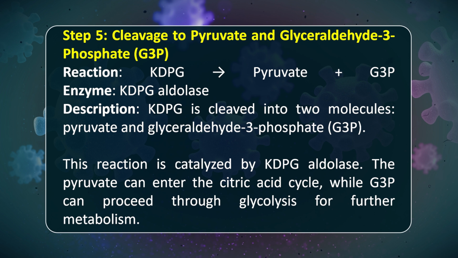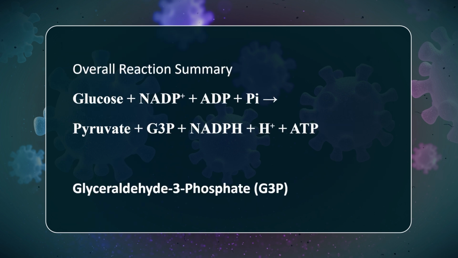further metabolism. So, the overall reaction summary is that glucose plus NADP+ plus ADP plus inorganic phosphate gives rise to pyruvate plus glyceraldehyde 3-phosphate plus NADPH plus H+ plus ATP.